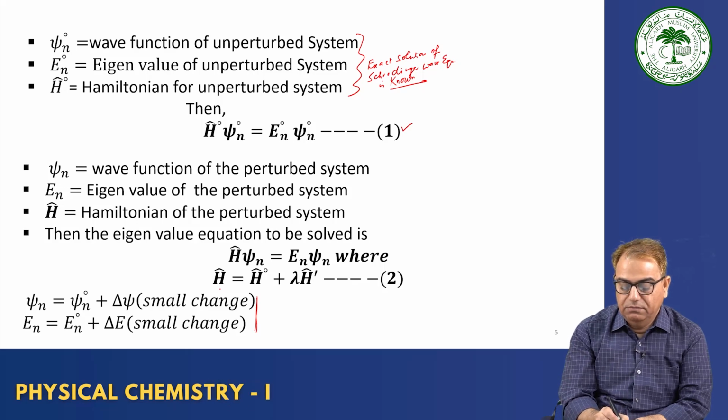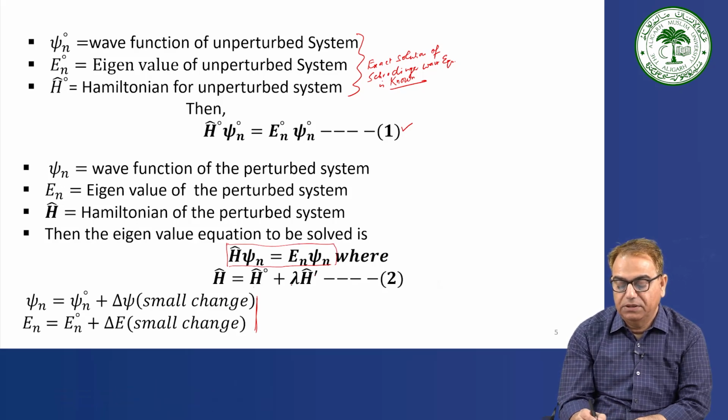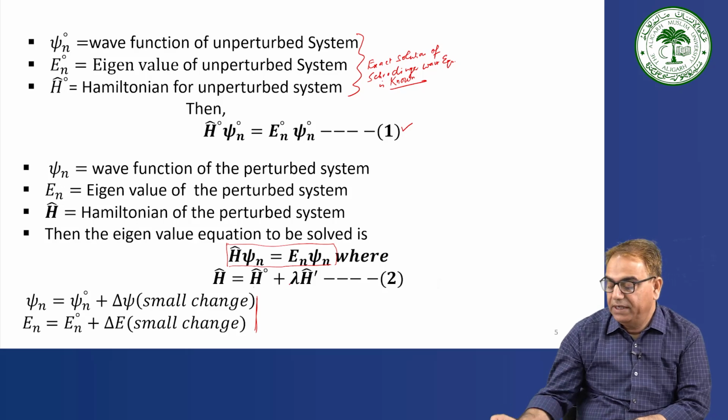The solution of this equation is to be found, which will give you the E n value, the energy of the perturbed system, and you can replace H by H naught plus lambda H prime.